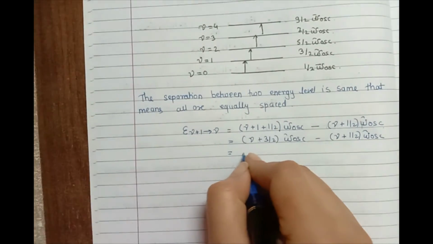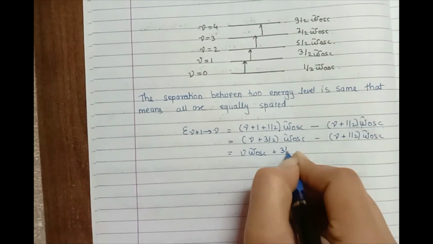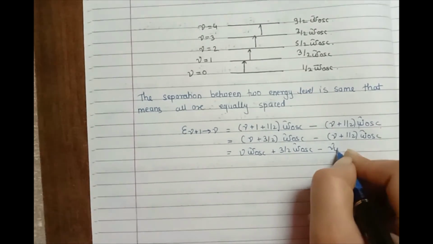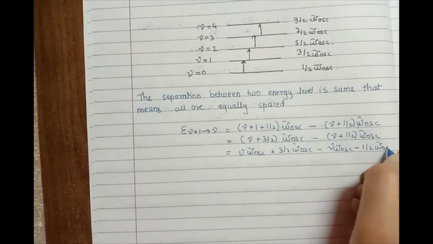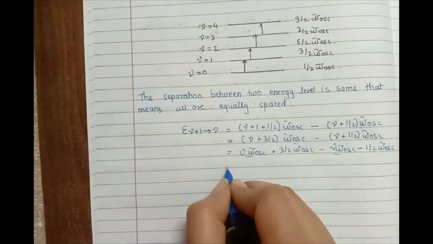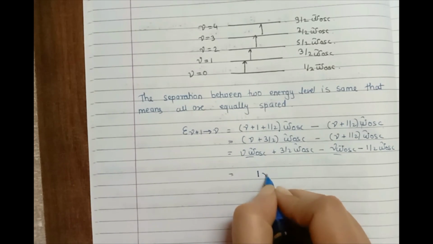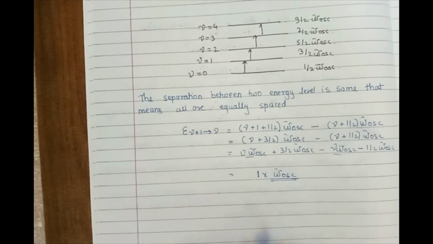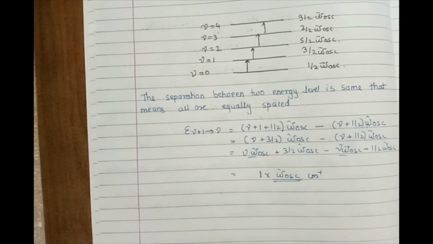So now this is nu omega bar oscillation plus 3/2 omega bar oscillation minus nu omega bar oscillation minus 1/2 omega bar oscillation. So this gets cancelled. What remains is 1 into omega bar oscillation. Is it okay? This is the difference between the two energy levels.